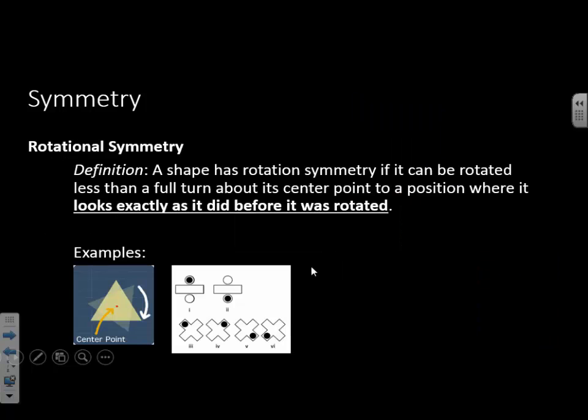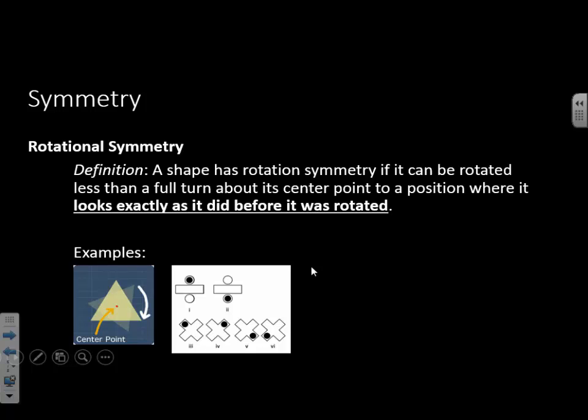All right? Okay, now in math, we also talk about rotational symmetry. Okay, that's when a shape has rotation symmetry if it can be rotated less than, and this is really important here, less than a full turn, because everything would have symmetry if we just rotated it a full circle.